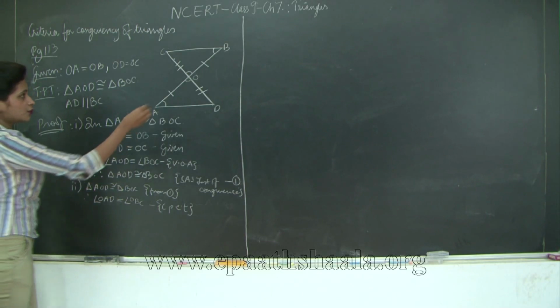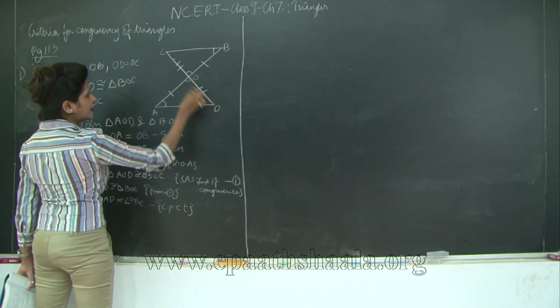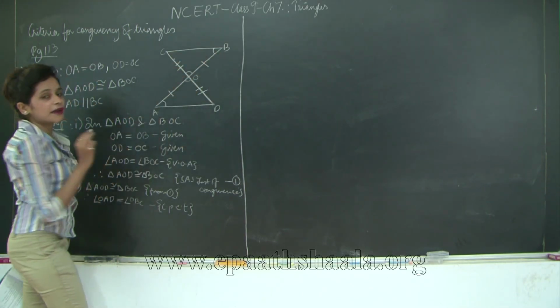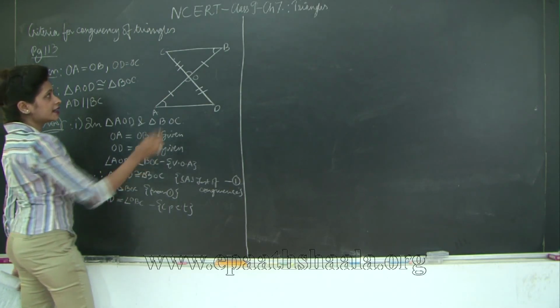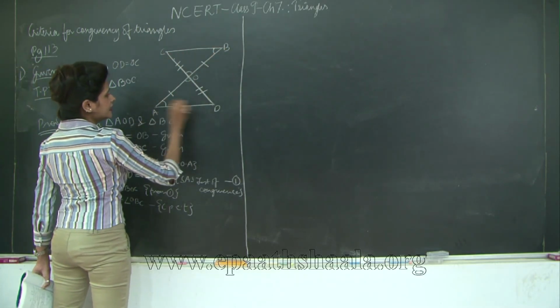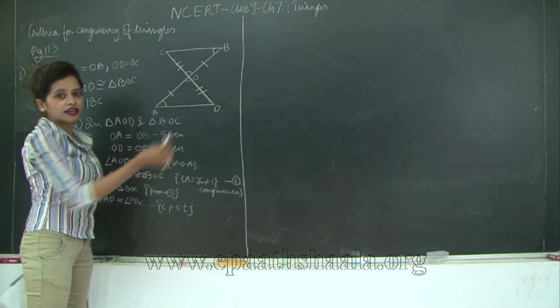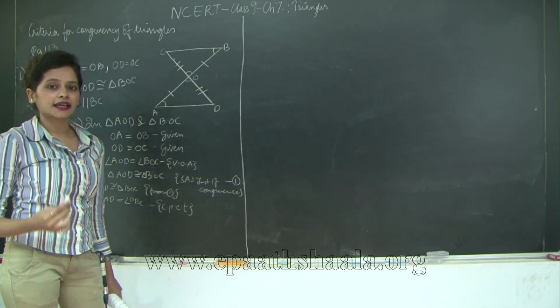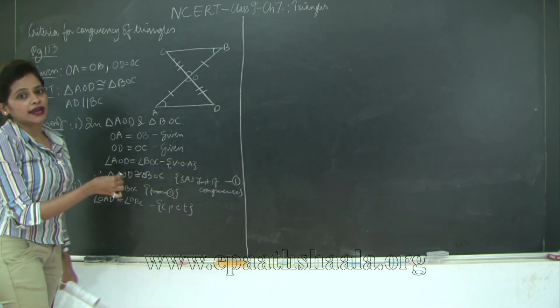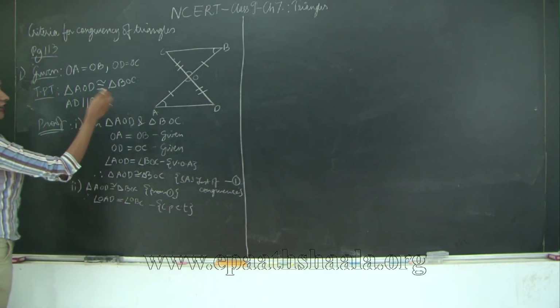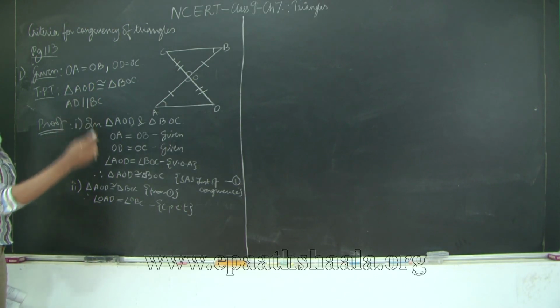But if you notice, OAD and OBC, they are a pair of alternate interior angles for lines BC, AD and a transversal BA, correct? So if the given pair of interior alternate angles are equal, what can you say? That the two lines are parallel. So therefore what can we say? That AD is parallel to BC.